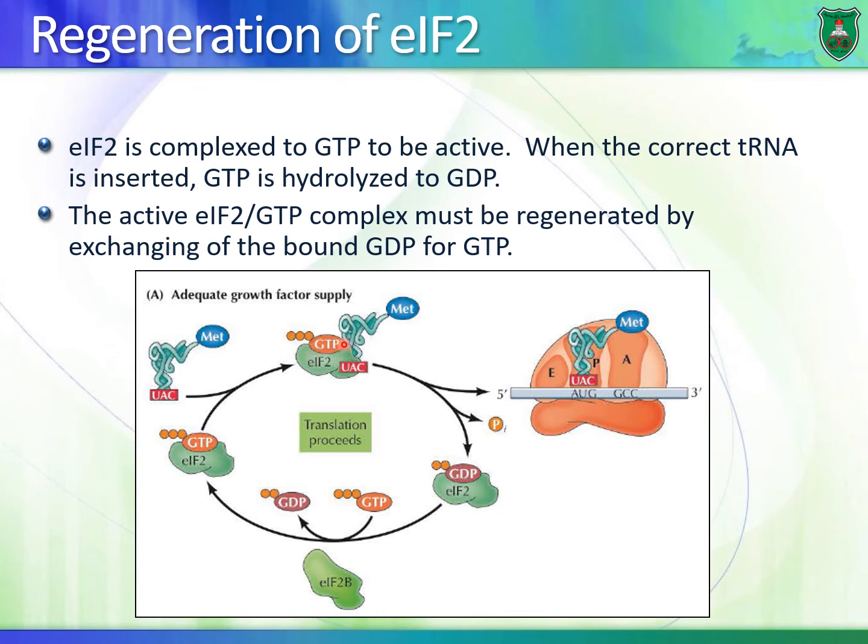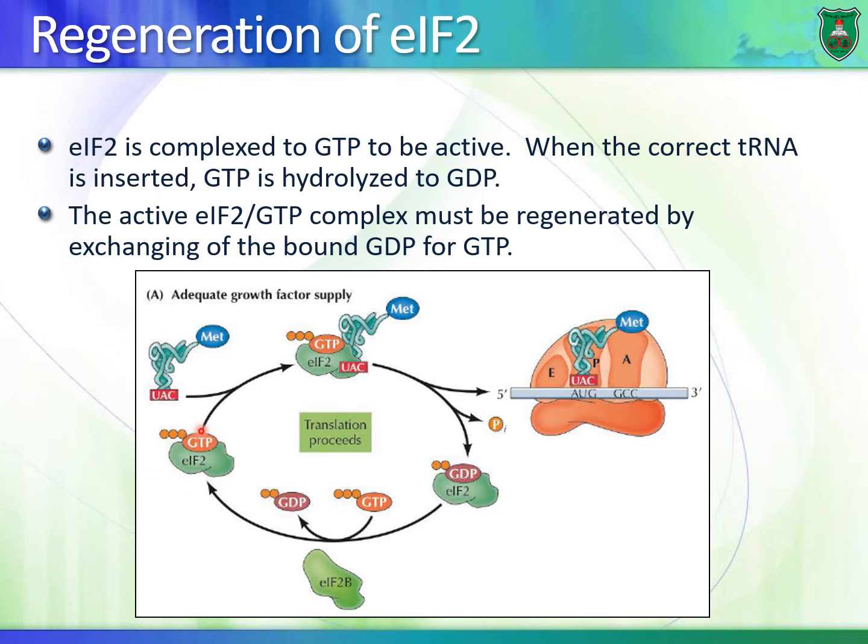Now, what happens is that after you have formation of a complex between the messenger RNA and the small ribosomal subunit, GTP is hydrolyzed to GDP. Now this protein is not active anymore. It has to be activated, and it's activated by exchanging GDP for GTP. So GTP comes in, it kicks out GDP.